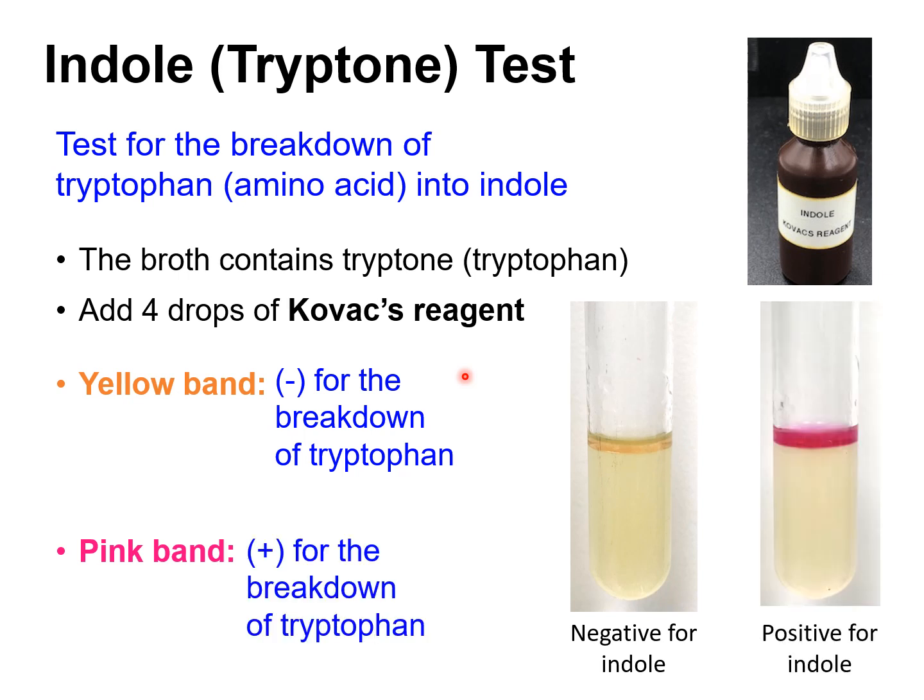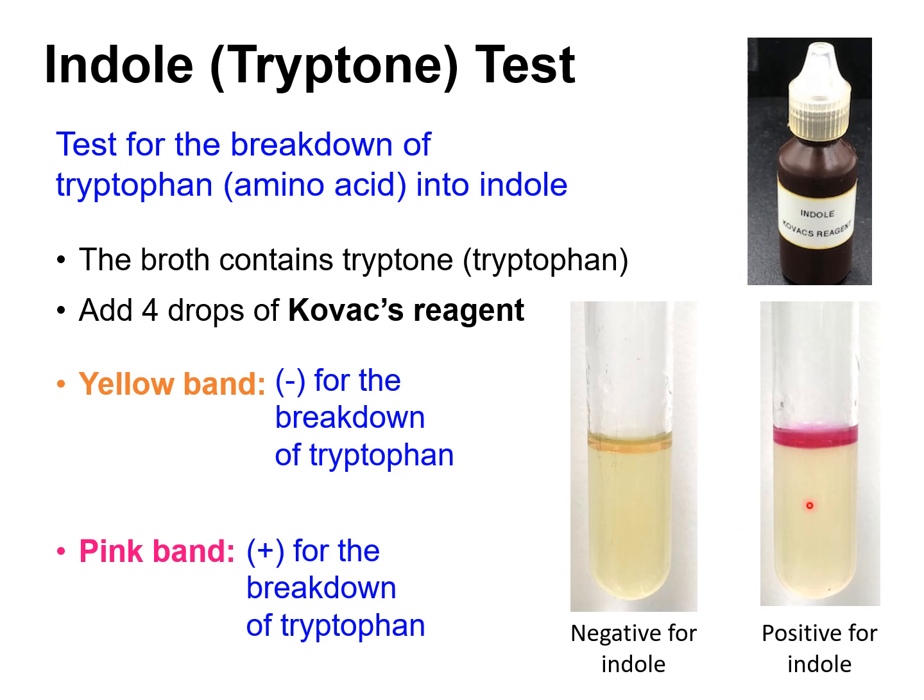But if you add the Kovac to this test tube right here, and you get this pink band, then it's positive. This tells you that your bacteria can break down tryptophan. If it's capable of breaking down tryptophan, then your bacteria has released what's known as indole.